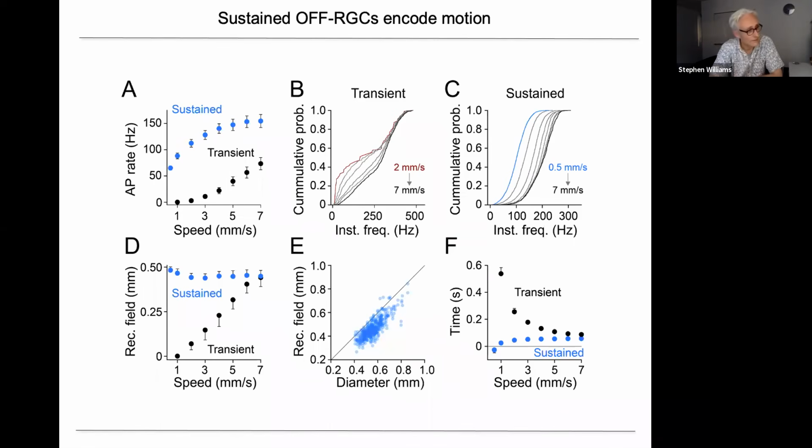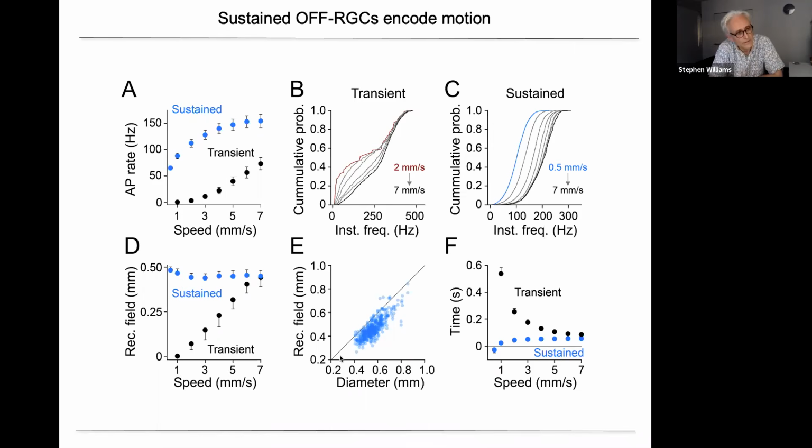Interestingly also, these cells are incredibly wide field in that their receptive field characteristics do not change as the speed of a moving dark bar is increased.